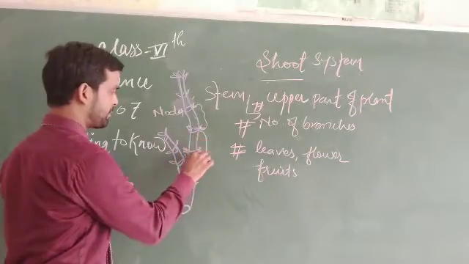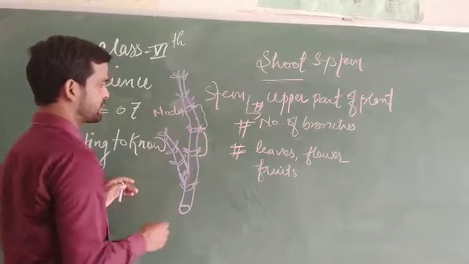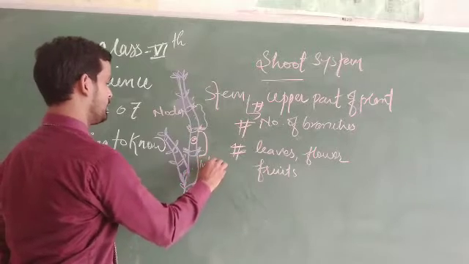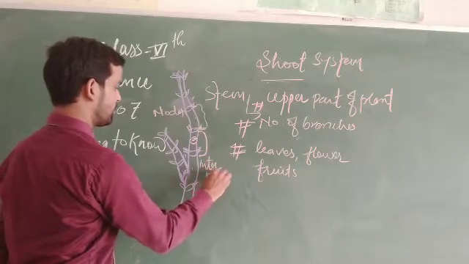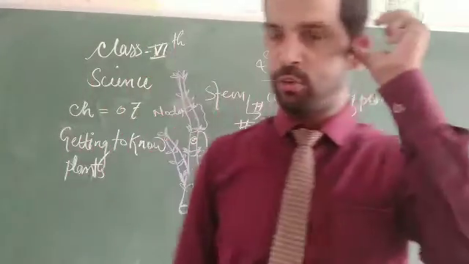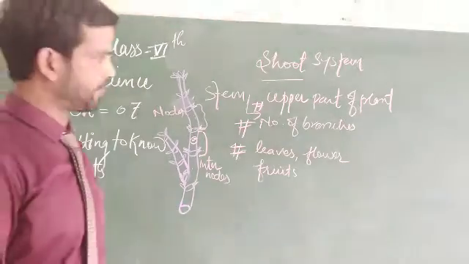The spaces at fixed intervals are called internodes. So this one is nodes and internodes. What are nodes and internodes? Nodes are the points at which the branches come out.